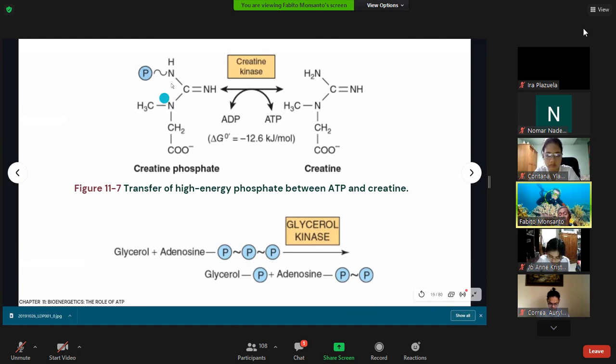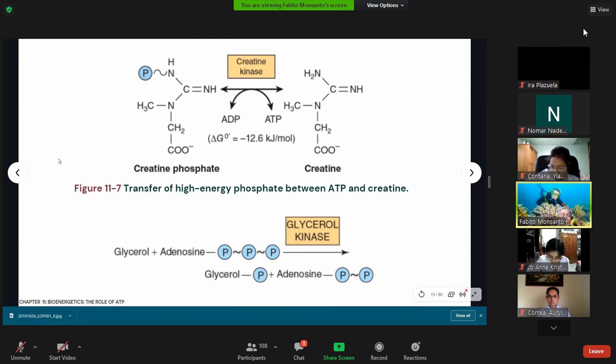And this is stored in the muscles. So when the muscle is contracting and ATP is low, the creatine phosphate is now being utilized to phosphorylate ADP to become ATP. Okay?